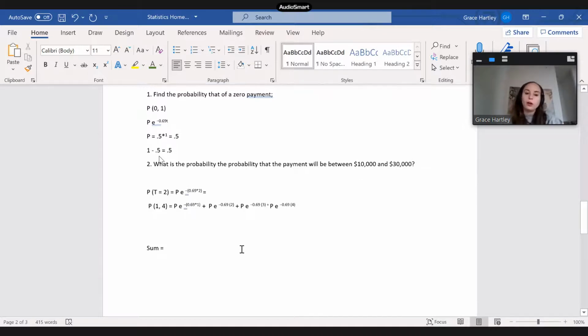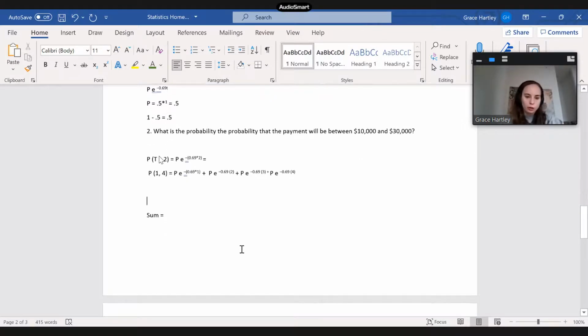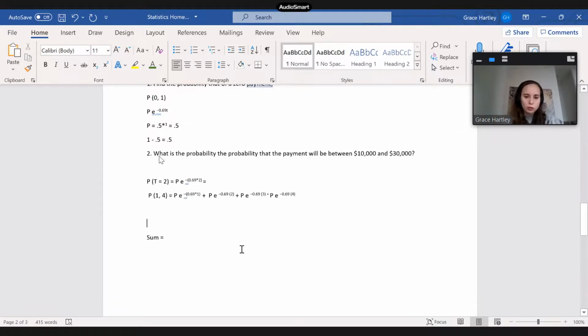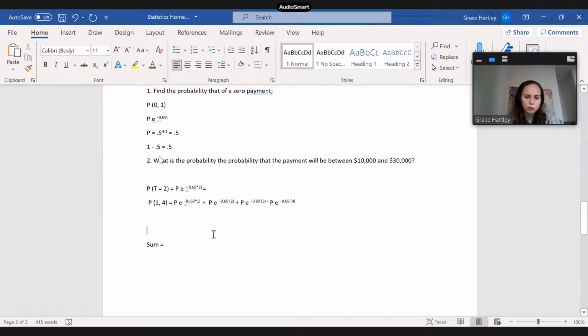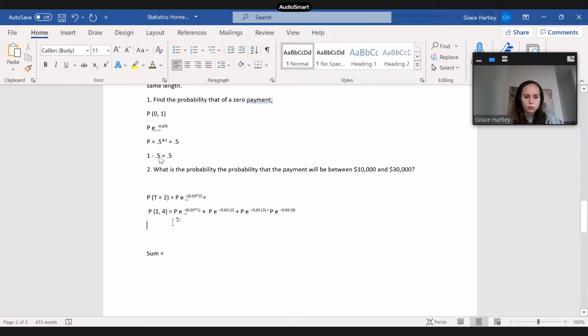So then we calculate this and this is the answer. You're going to use the formula. I would say you utilize that formula as much as possible. So from 1 to 4, you just use the probability of 1 to unlimited minus the probability of 4 to unlimited, and you just get the interval between.